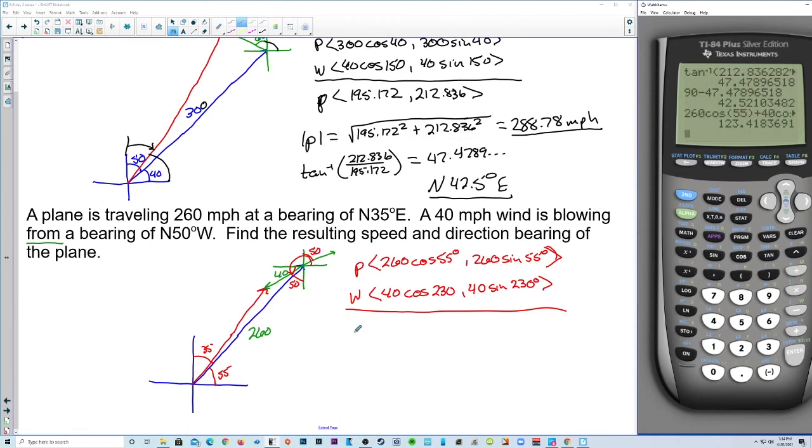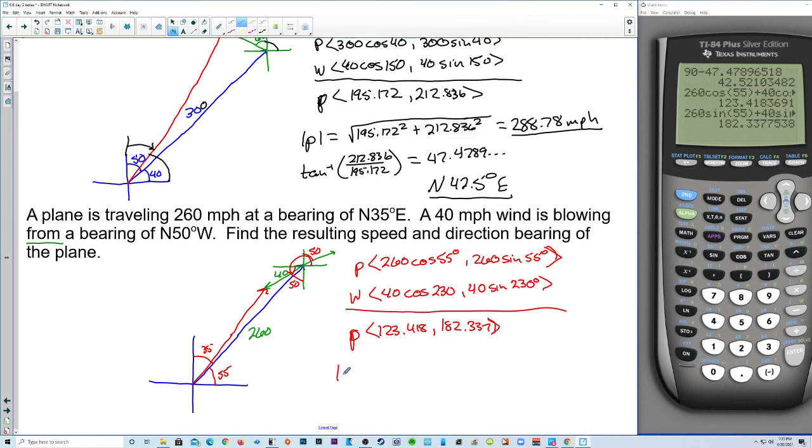So 123. So the resulting path, let's say, is 123.418. And then 260 sine of 55 plus 40 sine of 230 is 182.337. So now we need the Pythagorean theorem.